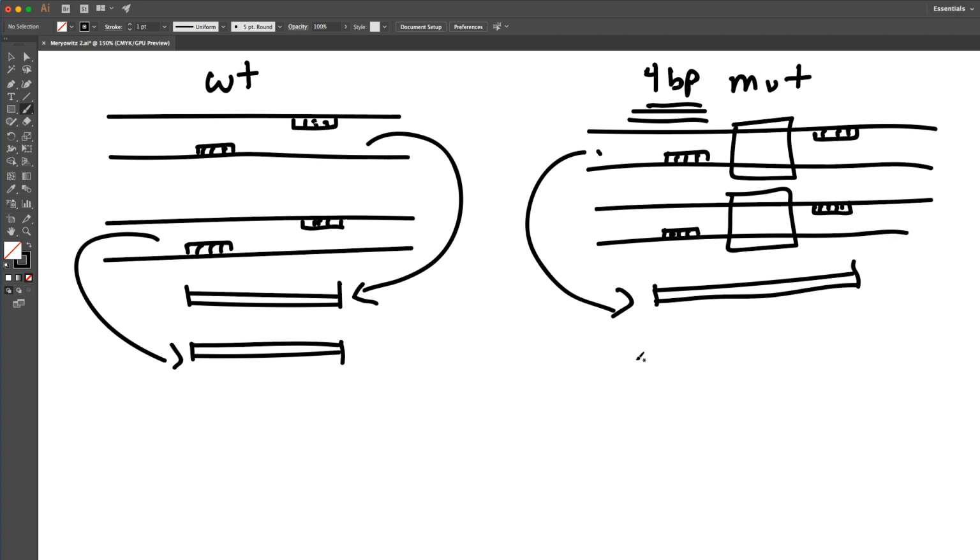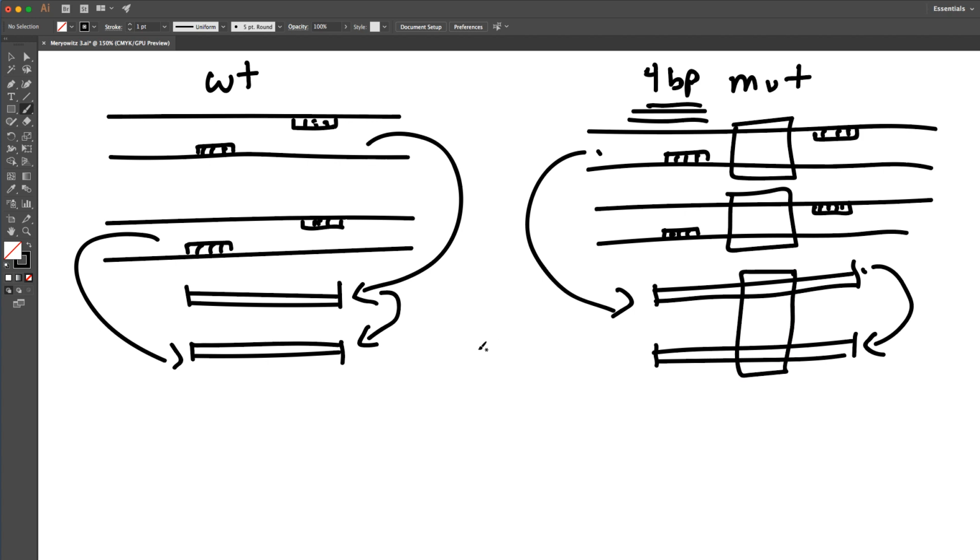So here, and then another one. And these are identical in this case, and these two are identical in this case, but this one has the 4 base pair insert. And what they do is the PCR reaction in the presence of radioactive nucleotides.